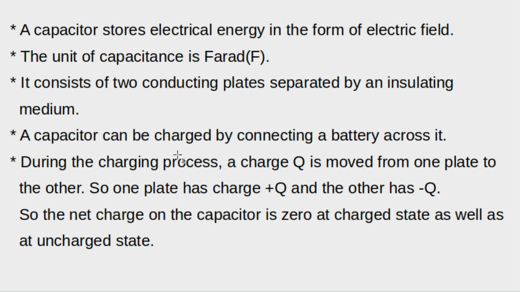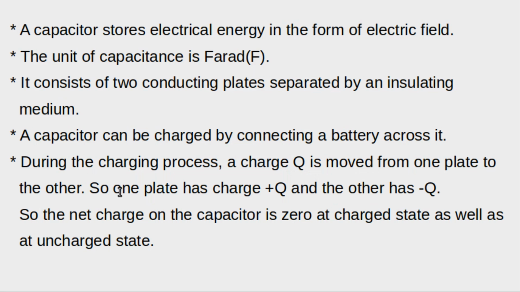During the charging process, a current flows into a capacitor, and when it is charged fully, the current stops. Also, during charging, a charge of the amount Q is moved from one plate to the other.